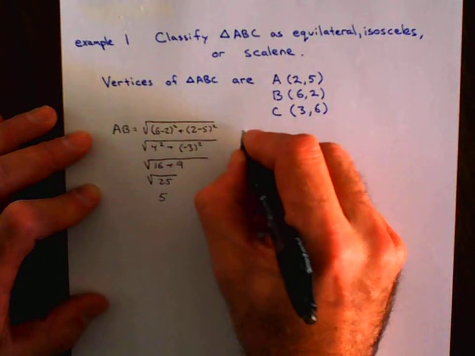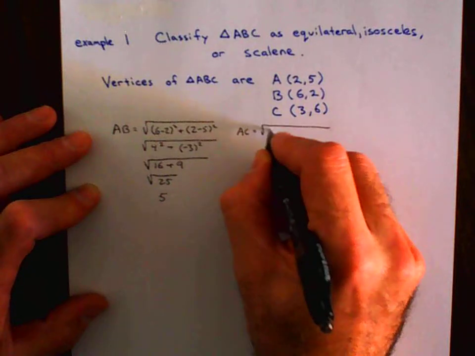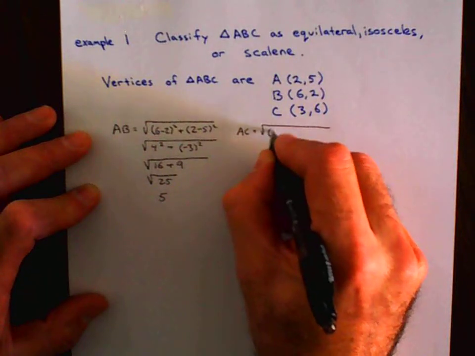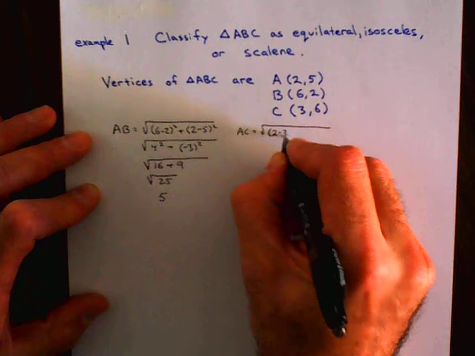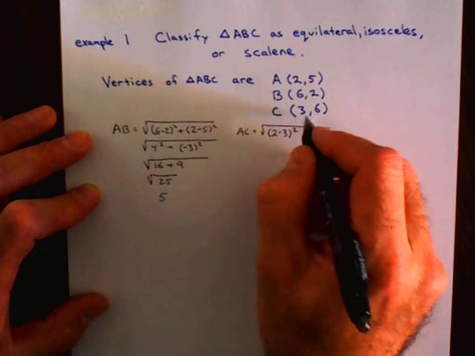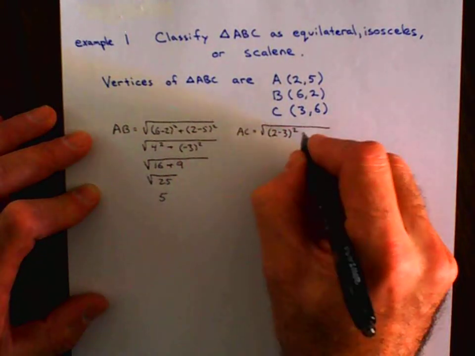I'd go on to find AC. AC will equal the square root of (2 minus 3) squared and (5 minus 6) squared.